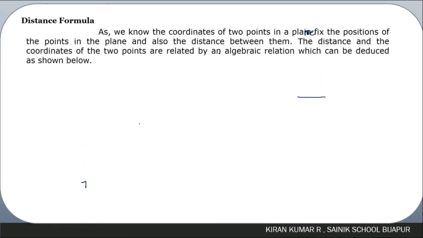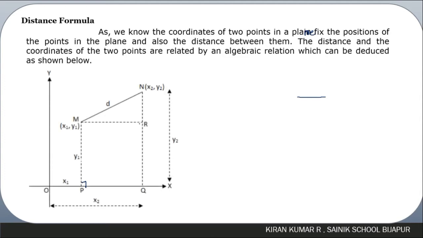As we know, the coordinates of 2 points in the plane fix the positions of the points in the plane and also the distance between them. The distance and the coordinates of 2 points are related by an algebraic relation, which is depicted in this figure. There are 2 points M and N. M has the coordinates (x1, y1), which means the point M is x1 units away from the y-axis and y1 units away from the x-axis.